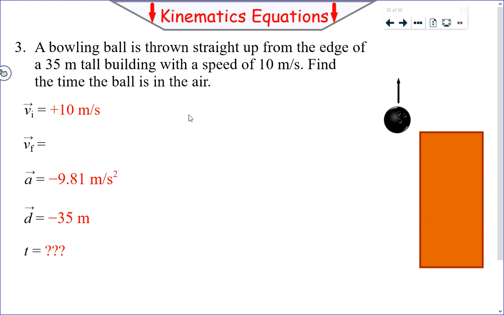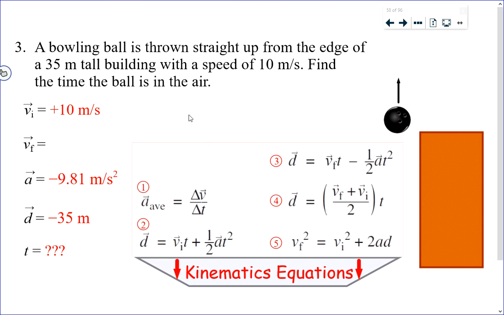Now, if you follow my advice in class, you look at this list of items and you notice that VF is not there. And you say, well, I don't know VF, that means I cannot use an equation if it has VF in it.